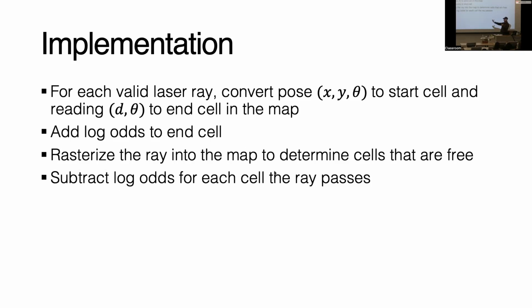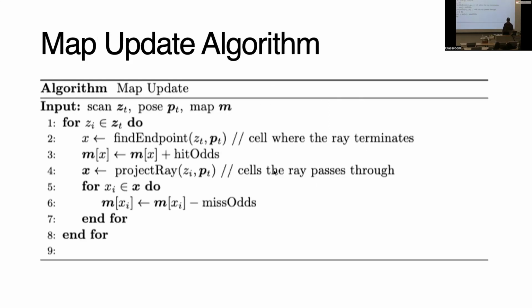It's going to be more likely to be occupied. For all of the cells that we pass through, we're going to decrease the log odds, right? Because we have evidence now that all of those cells are free. And so we're going to rasterize the ray onto the map and determine what all those free cells are, and we're going to subtract some log odds from each cell that the ray passes. All right, so this is our map update algorithm.